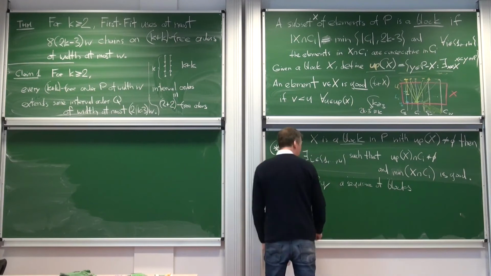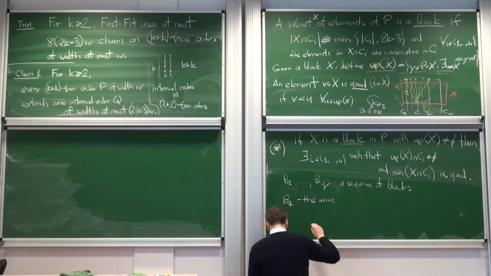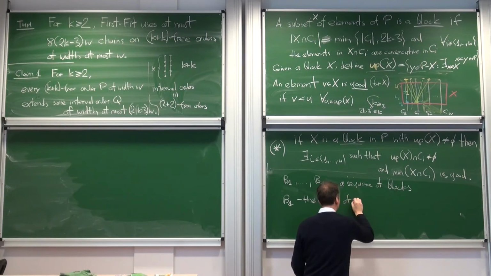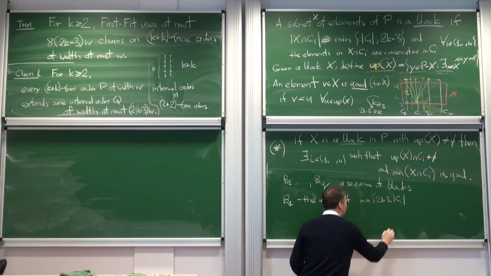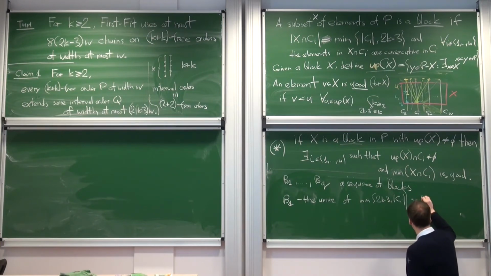So B1 is just the union of the bottom minimum of 2k minus 3 and size of Ci smallest elements in Ci, and we do it for each chain I from 1 to w.